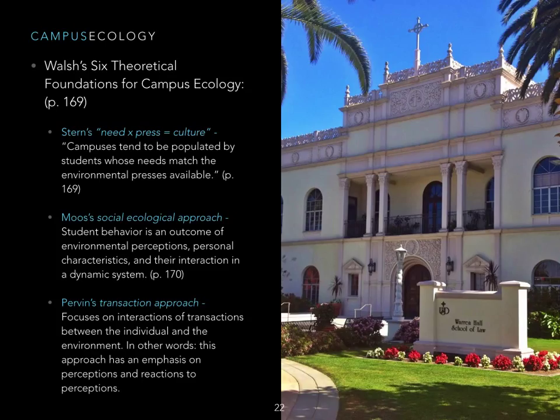To me, this is different from Moos's social ecological approach, because this has to do not only with the student's perception of the environment they're in, but also the perception of themselves. If the student perceives themselves as optimistic, they might perceive their environment even differently. So there's yet another variable along the way.